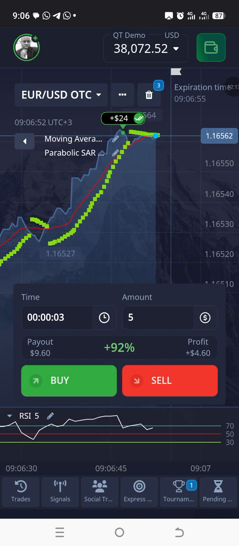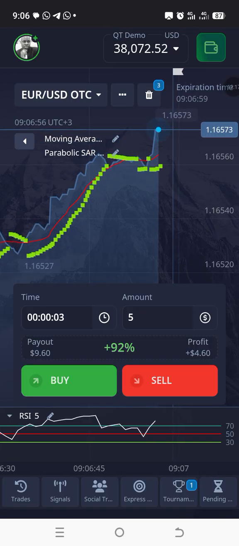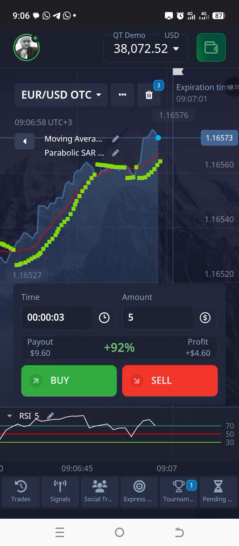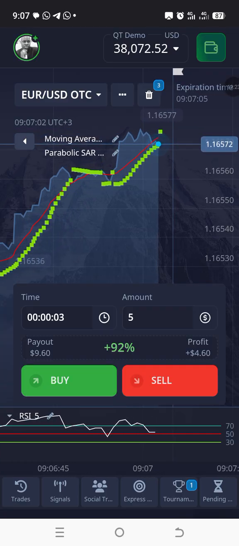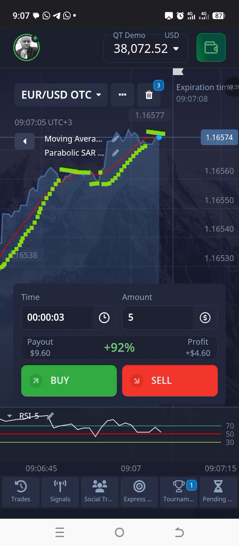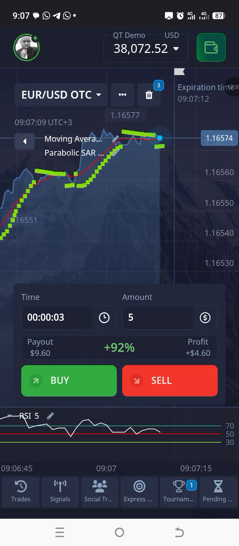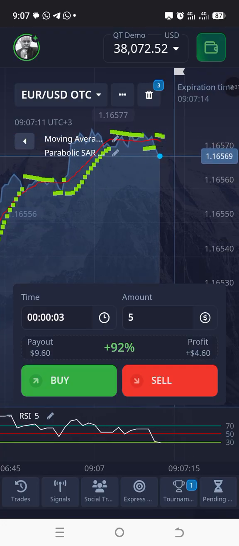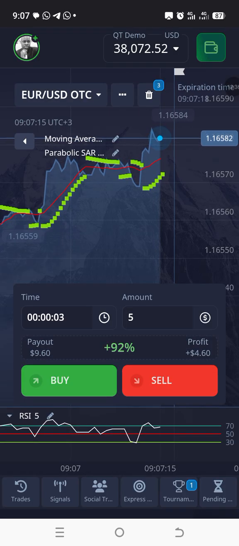You see, this one is much more economical to protect your principal capital, rather than placing a trade of 200 at once, you lose it, or 500 at once, you lose it. So here, when you lose those smaller amounts, you just martingale them.